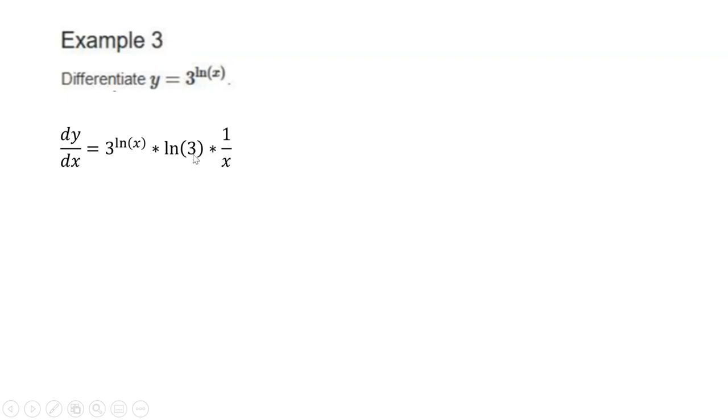Then we multiply that by the natural log, the ln of the base of 3. Then we multiply that by what the ln of x is as an exponent, which is 1 over x. Another way of writing that is just put everything over x, right? Because these things are being multiplied over x. All right, so I'm just showing you a couple of derivatives that you need to be able to do yourself.